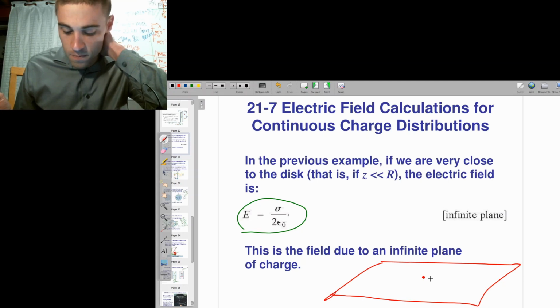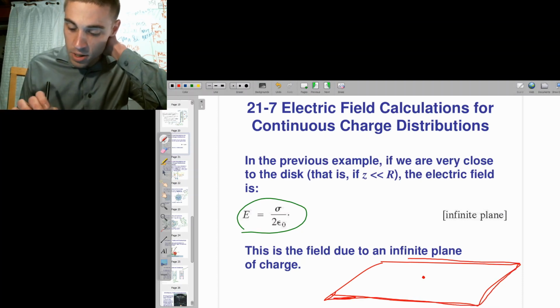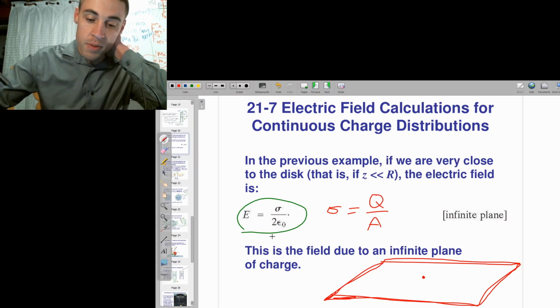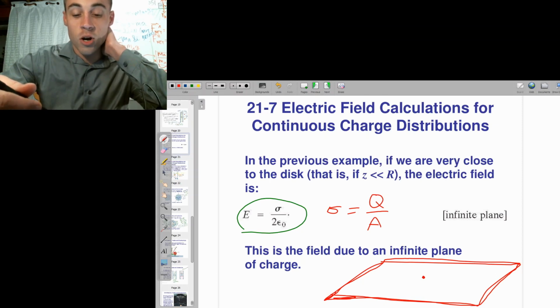So if that is the case, then the electric field that comes off of this plane of charge will be equal to sigma, the charge per unit area, divided by 2 epsilon naught. We did this example problem in chapter 21 the hard way, with the electric field calculations for continuous charge distributions.